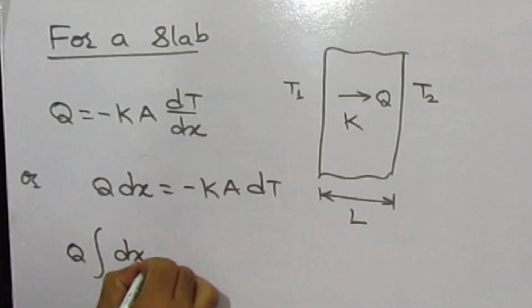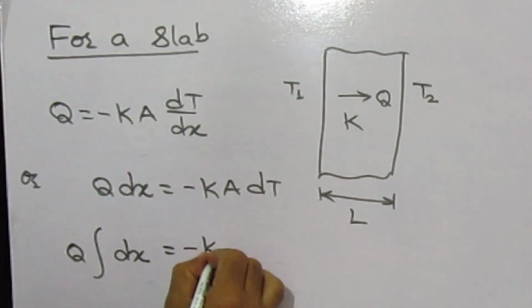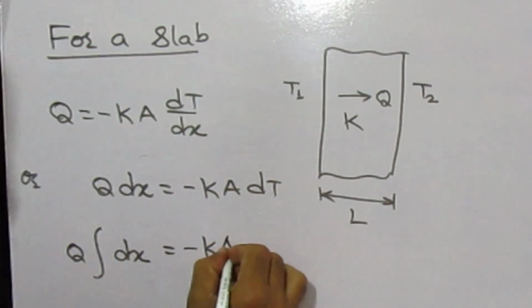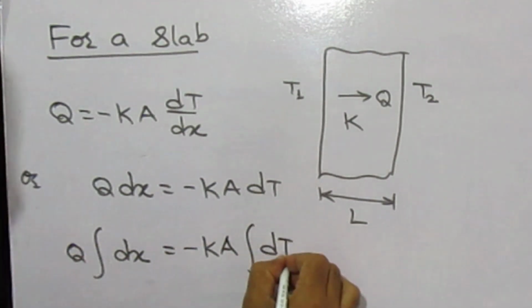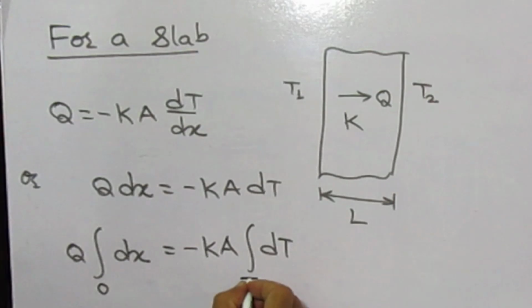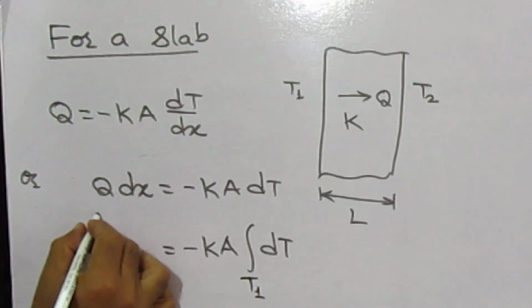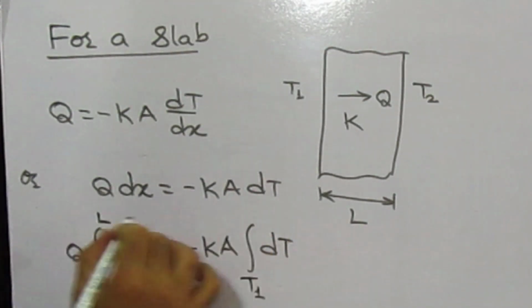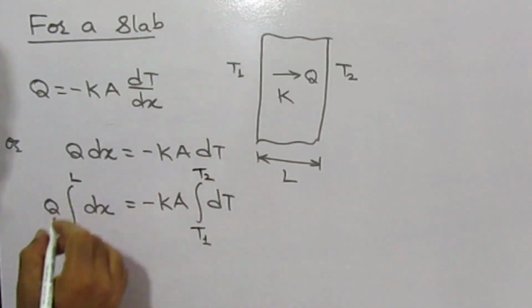Q integration dx equals minus K, constant, area constant, and on one side temperature T1, on the other side at length L, thickness L, temperature T2.